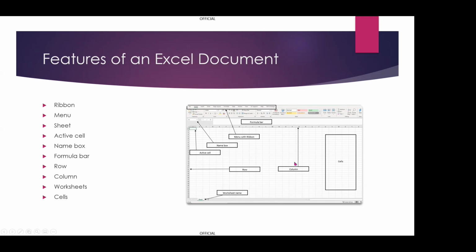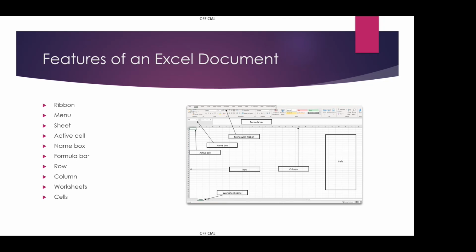Now, one thing to keep in mind that's really cool about Excel, but can also be confusing, is that you can actually make multiple sheets in one file. And that's why down here it has the worksheet name. It says this is sheet 1. You can add a sheet 2, 3, 4, 5 in Excel. So the active cell will have an outline like this one does. See how it's a darker outline?